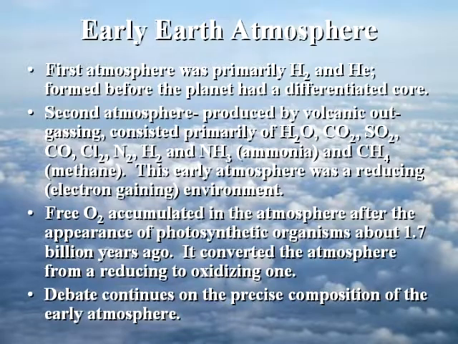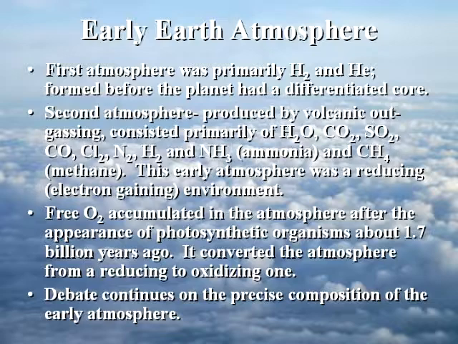So here's a summary of some of that information about the early Earth atmosphere, the first atmosphere being comprised of principally hydrogen, helium, and the second atmosphere being comprised of a more diverse variety of gases, which to a significant degree would have been of volcanic origin.